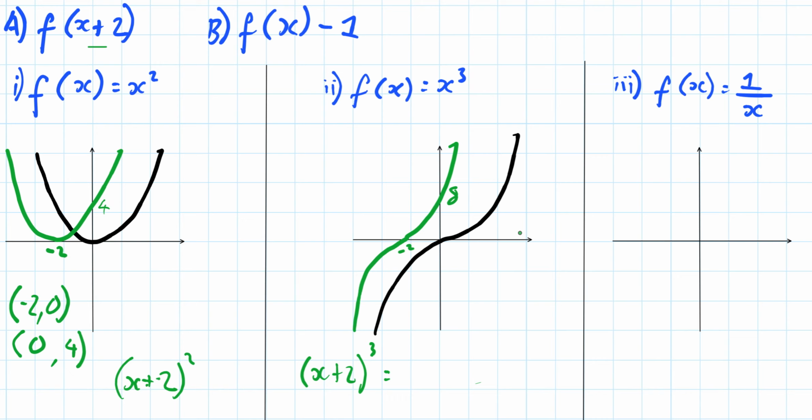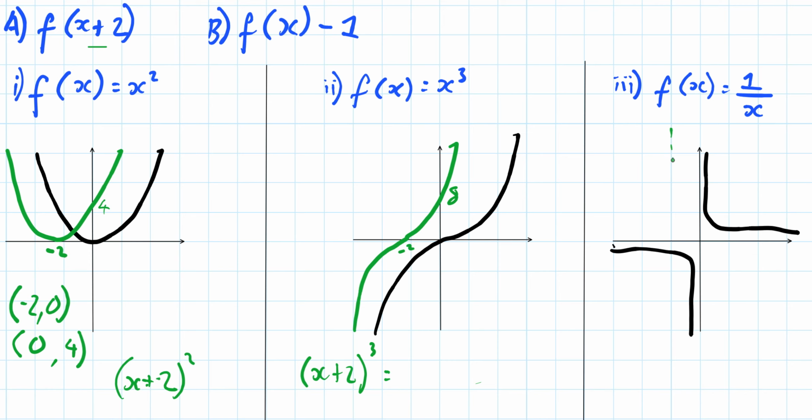Okay, next up is the reciprocal. The graph normally looks like this, and this. Now we're going to draw the f(x plus 2) version of that.